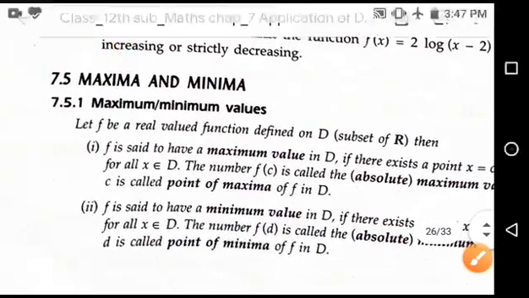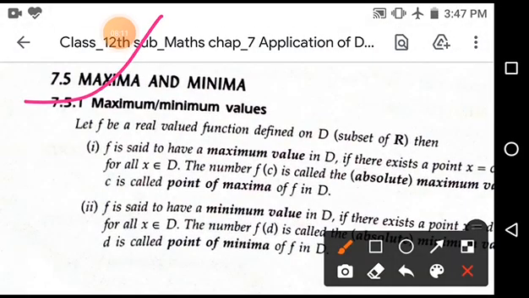Now student, the next topic is maxima and minima. So first of all I want to tell you what is the meaning of maxima and minima, and in which condition we will say that the function is maxima or minima. So if you have a function and the function is defined at any particular value, on differentiating that function at that particular value, if f'(x) is greater than 0 on putting the value of x, then we can say that the function is minima at x equal to the given value.